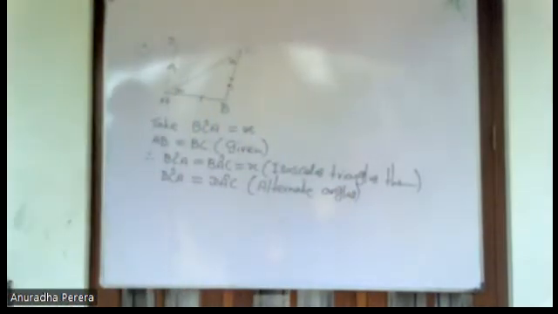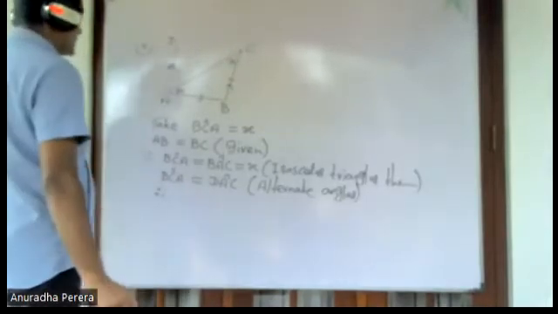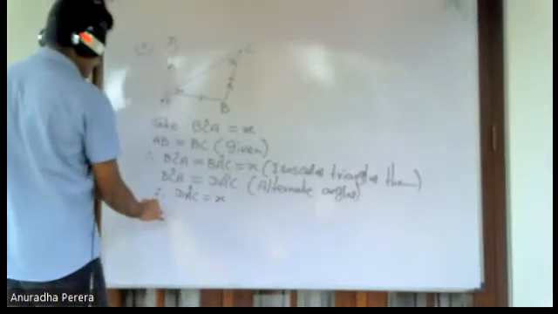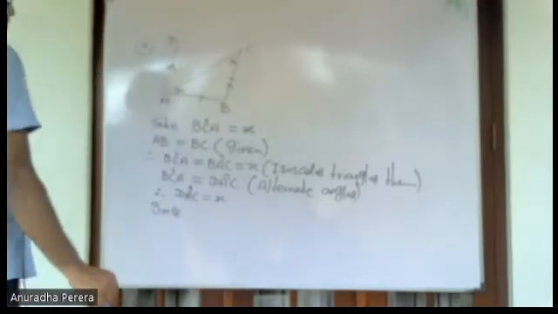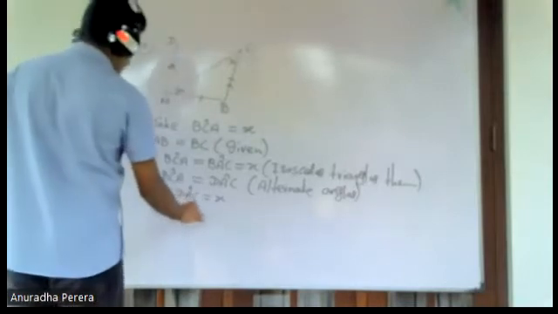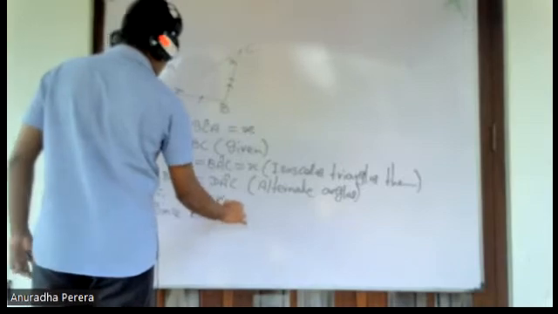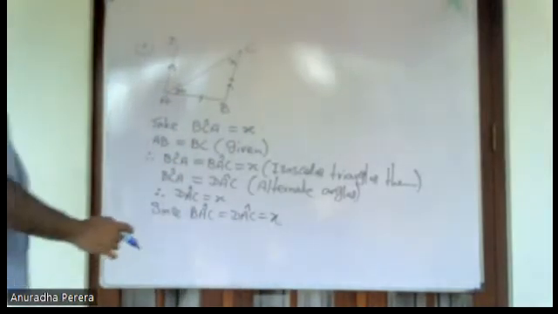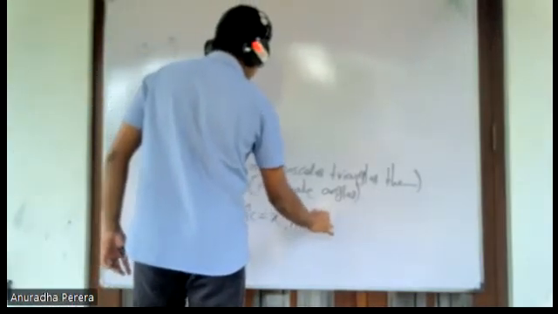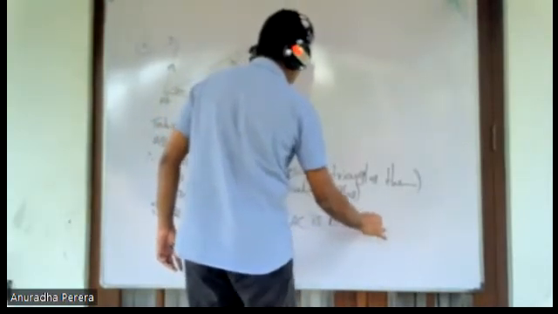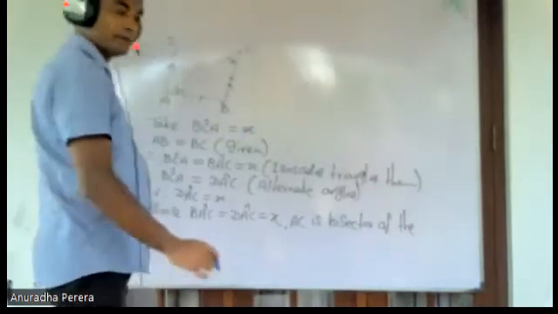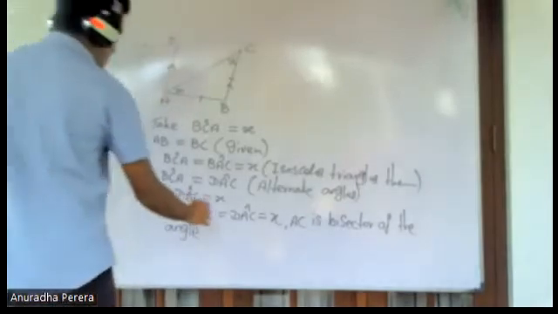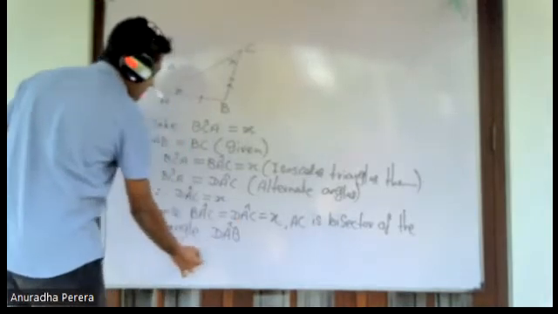Therefore, DAC equals x. Since BAC equals DAC equals x, AC is the bisector of the angle DAB.